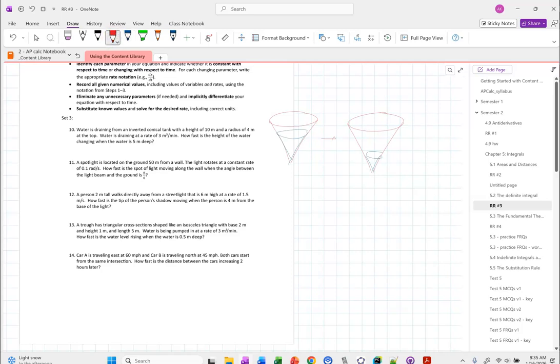So I know I'm going to be concerned with the things that are changing, like the radius, the height, and the volume of the water, right? So far, so good. Let's identify, oh, we just did.